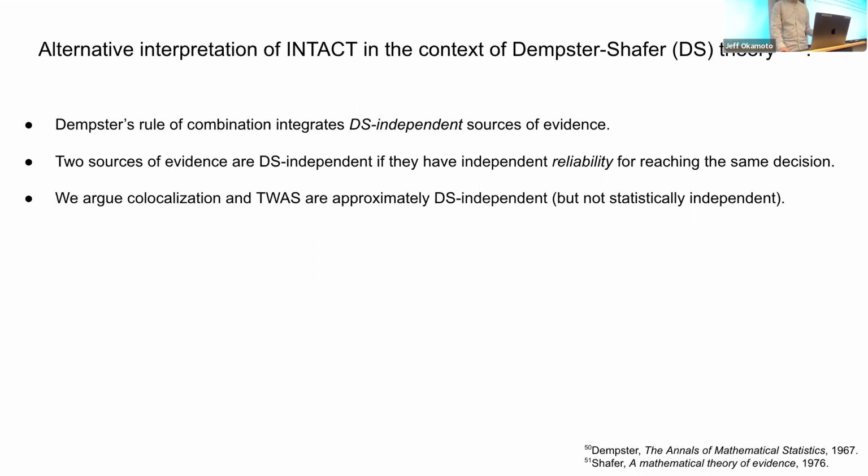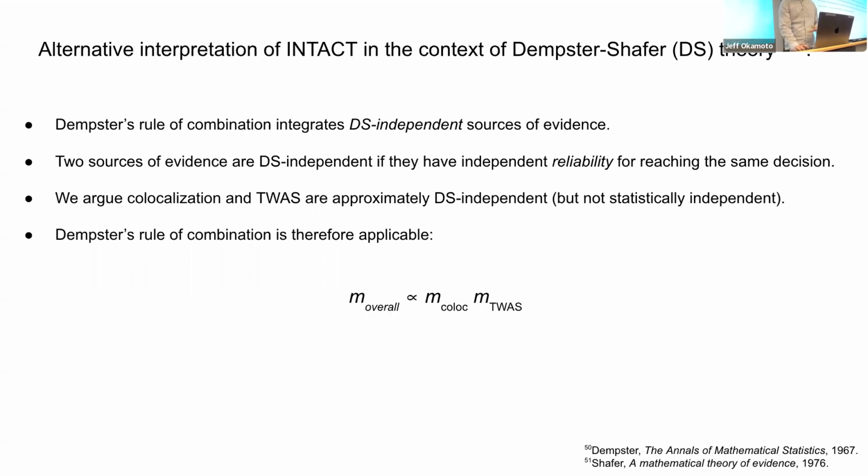We can't say that they're statistically independent because they often rely on the same GWAS and eQTL data sets. But if we make this argument, we can apply Dempster's rule of combination, resulting in this statement here that the overall mass, the overall degree of belief that a gene is causal, given the TWAS and colocalization data, is proportional to the product of the individual mass functions.